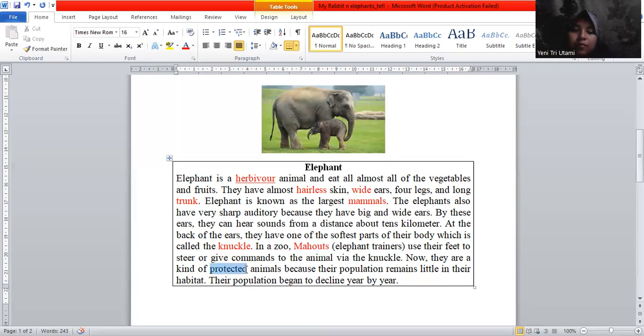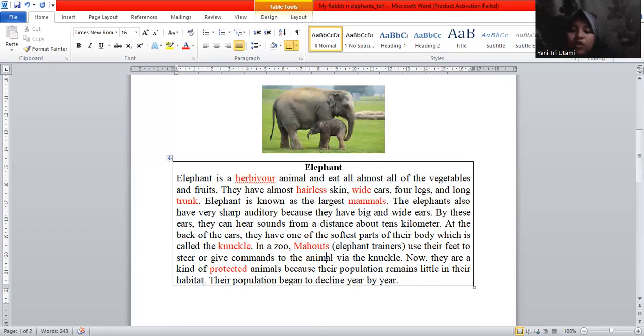What it means by protected animal is an animal that almost disappears in this world and needs to be protected by all humans. So they will receive extra supervision from humans to keep their population, because their population remains little in their habitat.